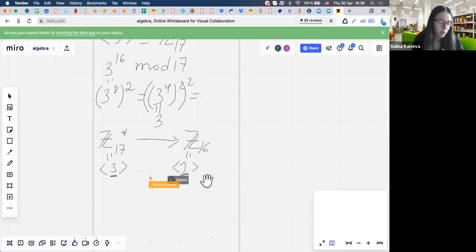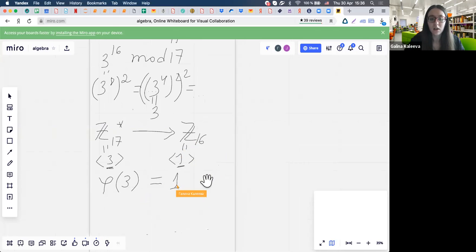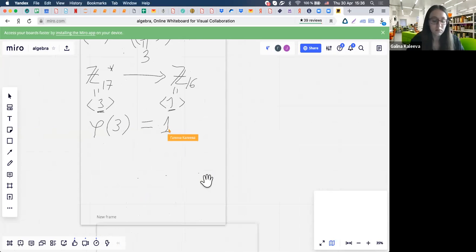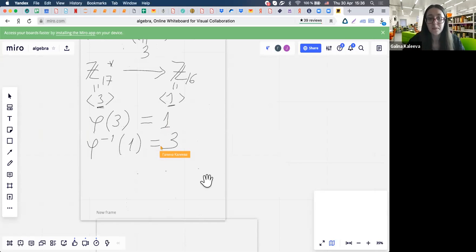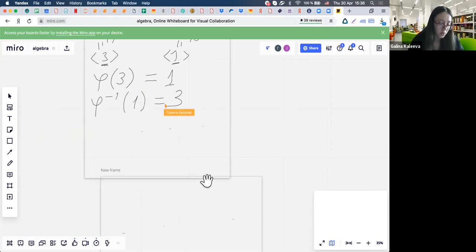So our homomorphism phi of 3 equals 1. And then it means that phi to the minus first power of 1 equals 3, because it's an isomorphism. We can map from the left side to right side and from the right to the left.